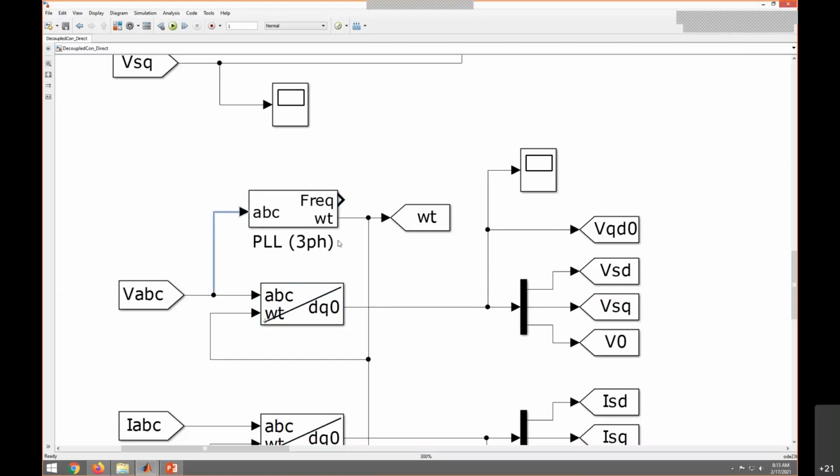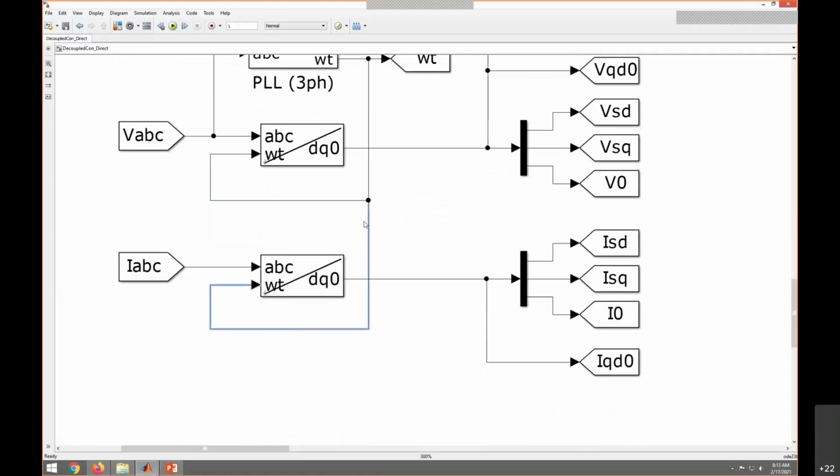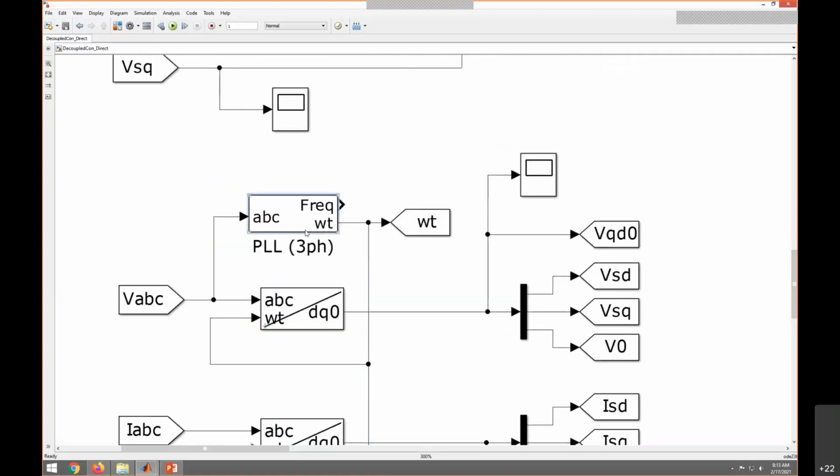The frequency is not required, so you just require omega t. This omega t is going here, and another omega t is going here. If you look under this, what is inside this PLL?